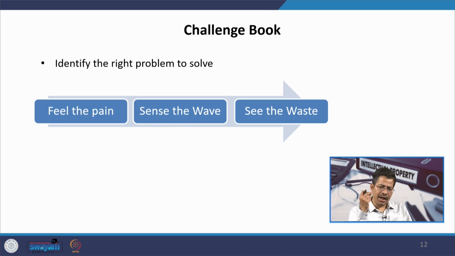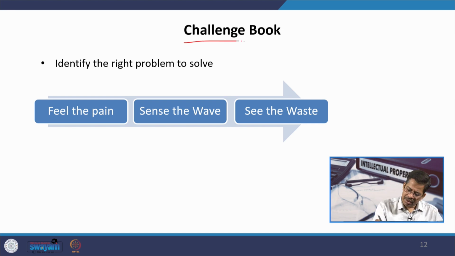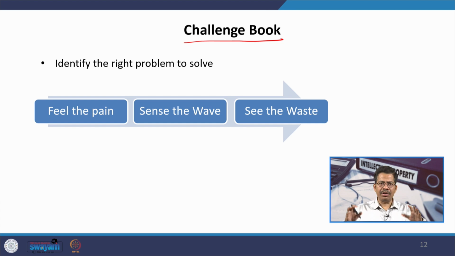In developing the idea system, and even before that, for developing a proper system of getting many ideas, there are different types of concepts, but we advocate a very simple concept which is known as the challenge book. I request all the participants to develop the habit of keeping a diary.